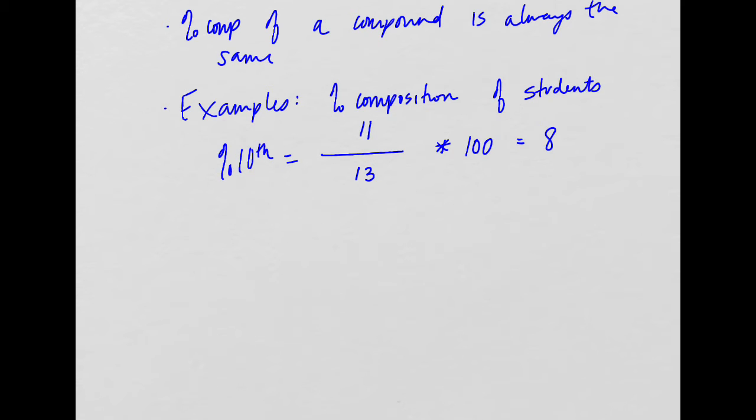That gives us 85% of the class is 10th grade. Therefore, 15% of the class must be 11th grade, right? Because it has to equal 100%. So 85% of the class, 10th graders, 15% of the class, 11th graders. So this is a very simplified version of percent composition.